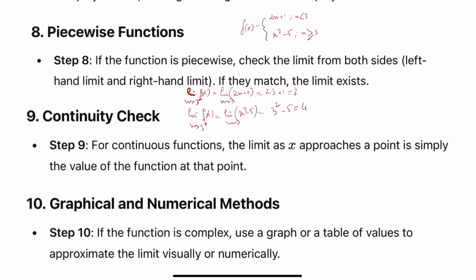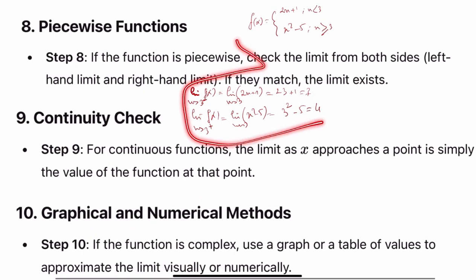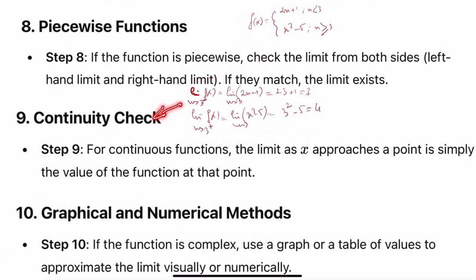What we did right now in this example, we actually did the continuity check, because we found if there is a limit at the left side and at the right side. So we check there is a limit as x approaches that point, which is 3, and from there we compare both limits, and if we find both limits are equal, we can say that the function is continuous at that point.